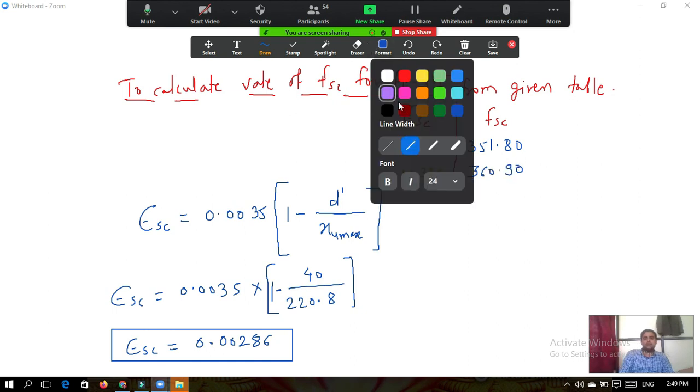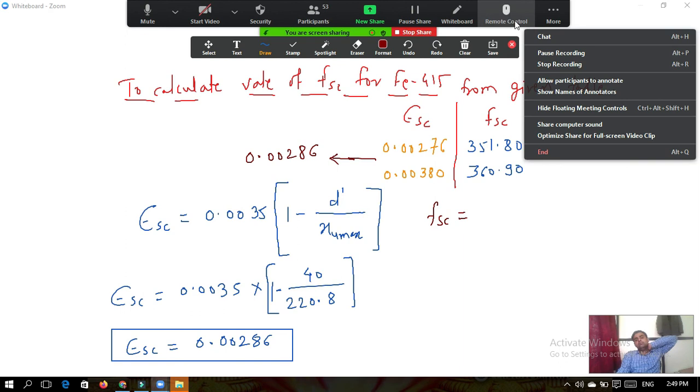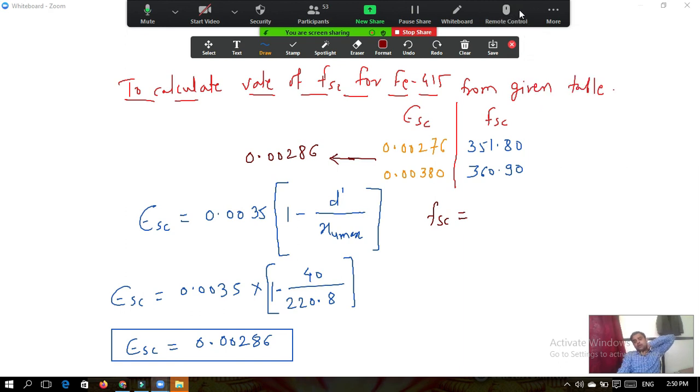So now you need to do the interpolation because we want the value for strain 0.00286, which will be in between these two. If you do the interpolation, you will get the value. Do the interpolation, tell me the value.